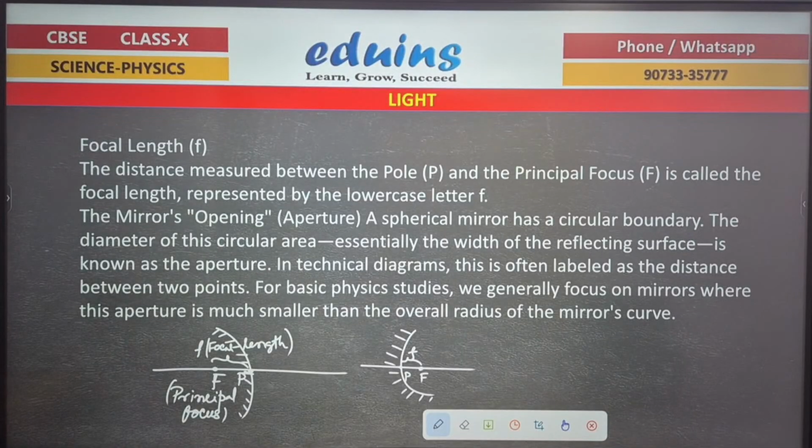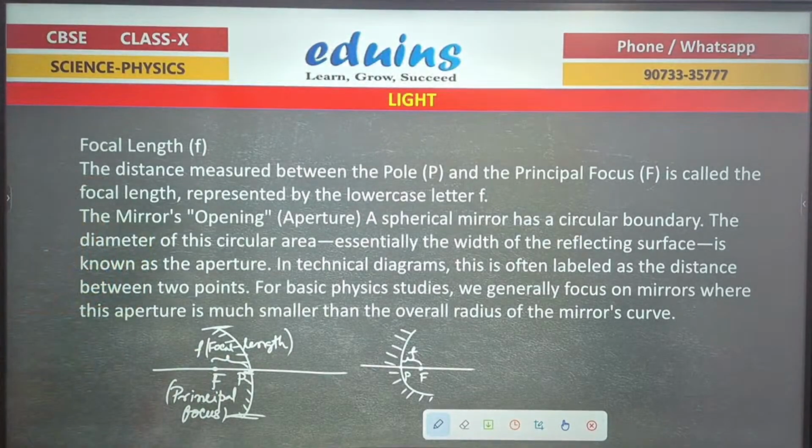The mirror's opening, or aperture. So we have to know about the aperture. The definition of aperture: a spherical mirror has a circular boundary, as the mirror is cut from a sphere.